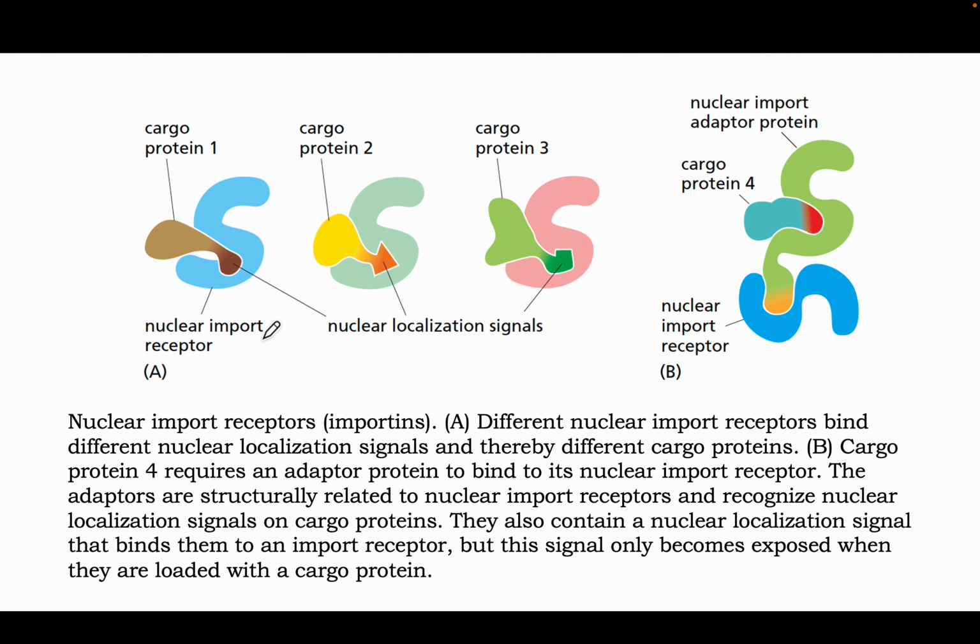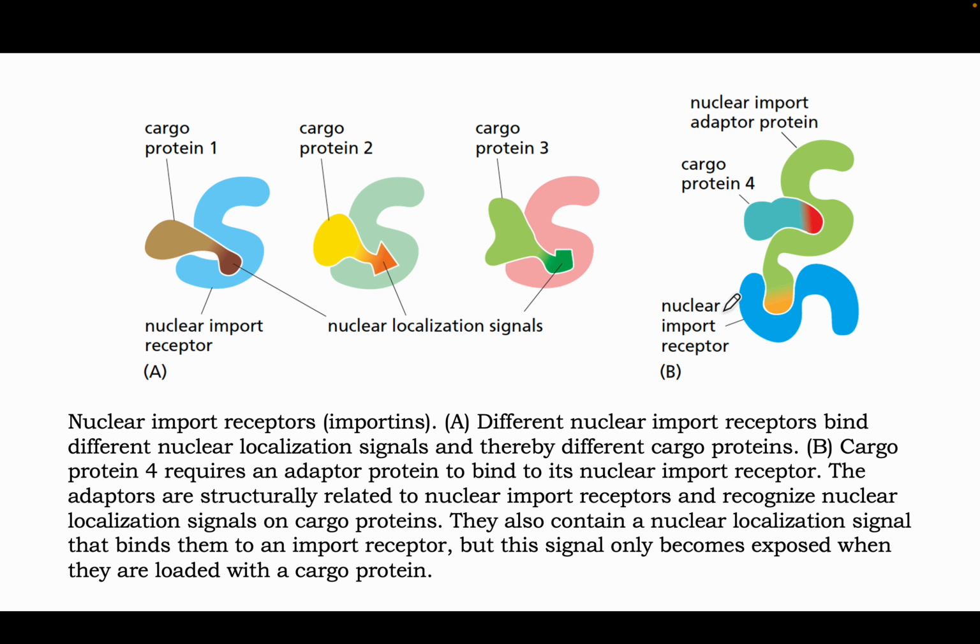During nuclear import, different kinds of nuclear import receptors bind to different cargo proteins. Different nuclear import receptors bind to different nuclear localization signals and thereby to different cargo proteins. Here you can see cargo protein 4 requires an adapter protein, green in color, to bind to its nuclear import receptor.